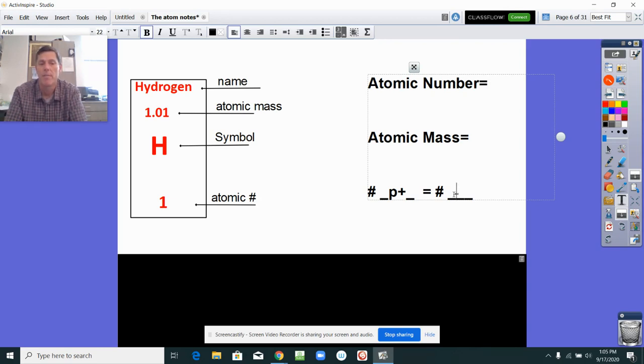They cancel out. If every atom had a positive charge, they would never want to get together. It's like poles of a magnet. If they're both negative, they'd never want to get together. That means an atom has to have no charge. So if I've got so many protons, so many positives, I have to have a corresponding number of negatives. So the number of protons is always going to be equal to the number of electrons.